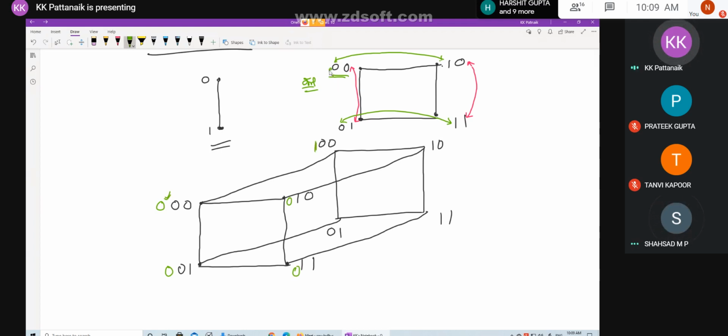Can you see this? This one and this one. So it is 0 and 1 here. And this side it is 1. Okay. And this side 0, it will be 1 here. And it's 0, it will be 1. So this is how we construct a three-dimensional hypercube.